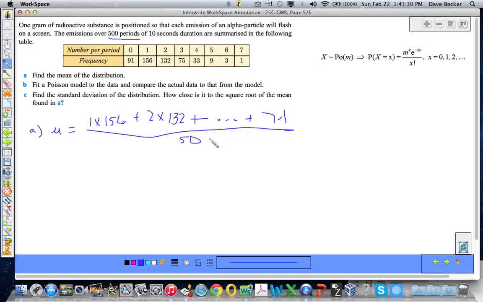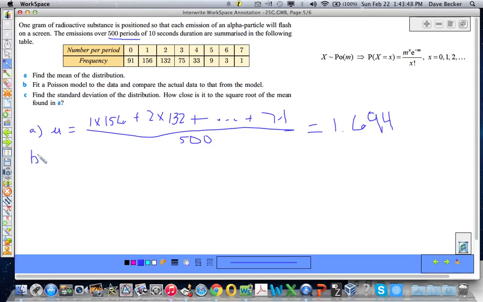So that would be equal to 1.694. I'm using the mouse, so forgive me while the pen charges.